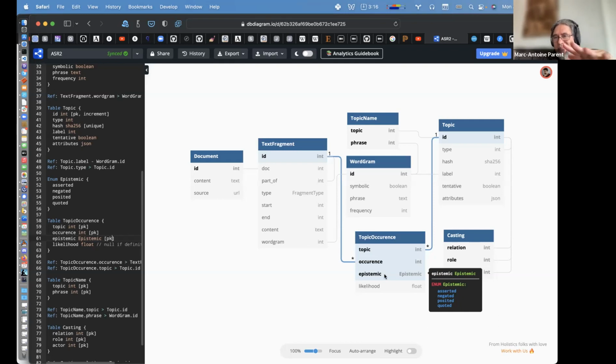Maybe it's not the right way, but whether it's an occurrence or not, we have something else which is adding epistemic status to the proposition, saying it's believed, it's not believed, it's being quoted, it's being investigated, it's being something in the source.